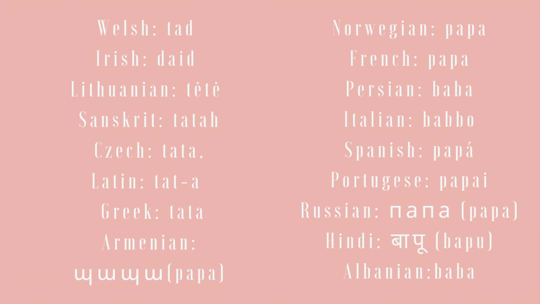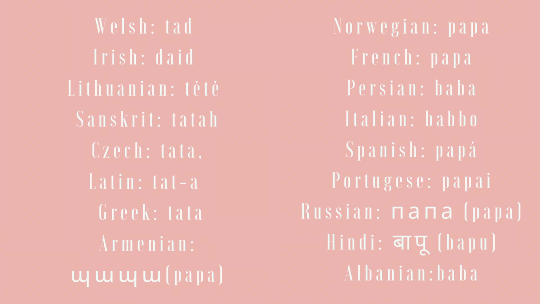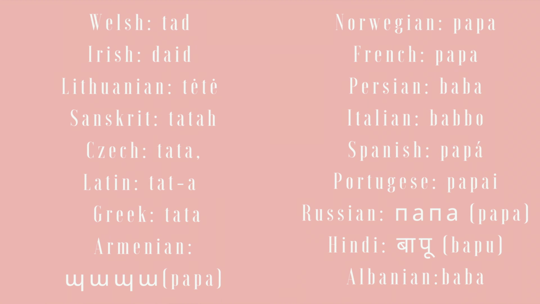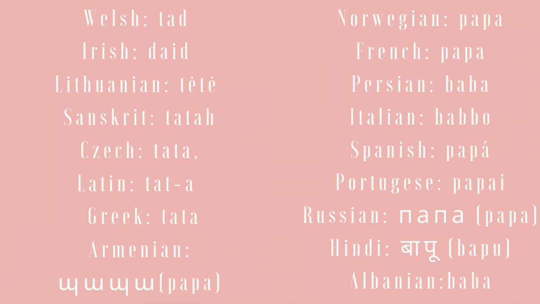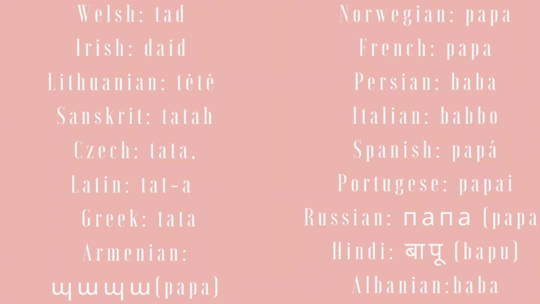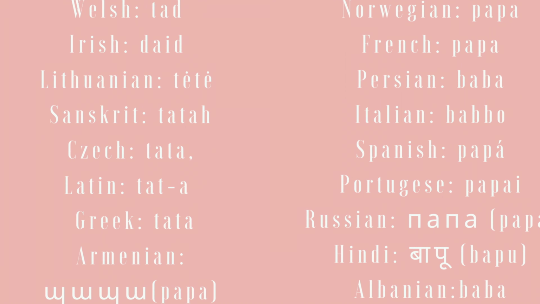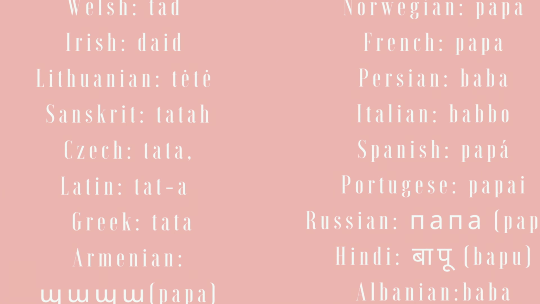This theory of how mama and papa, mom and dad, came into the English language is the most widely held belief. One reason for this is the fact that languages all over the world have an incredibly similar word for parents. Take, for example, Welsh, tad, Irish, dad, Lithuanian, tete, Sanskrit, tata, Czech, tata, Latin, tata, Greek, tata.